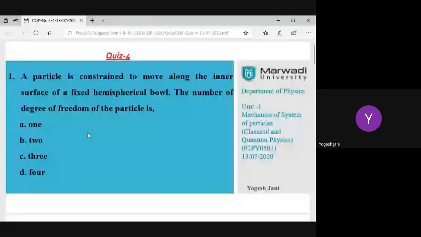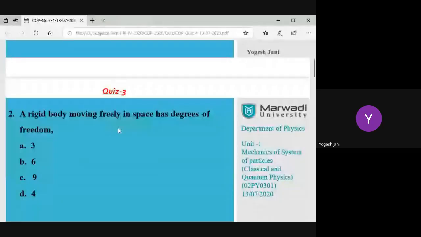Now, the second question was: a rigid body moving freely in space has how many degrees of freedom? Definitely, you are going to show me the answer is 6 degrees of freedom. We know it has 6 degrees of freedom because a rigid body we consider to be made up of actually three particles in space.